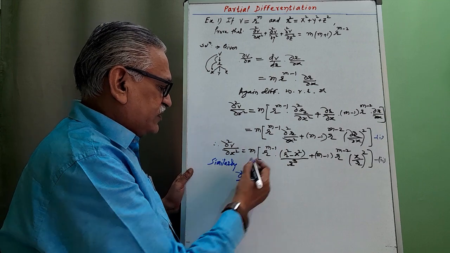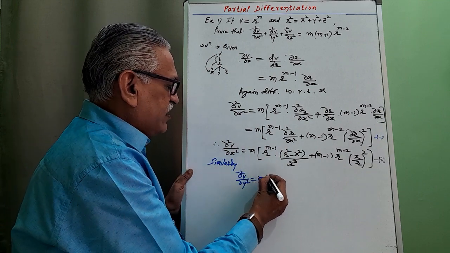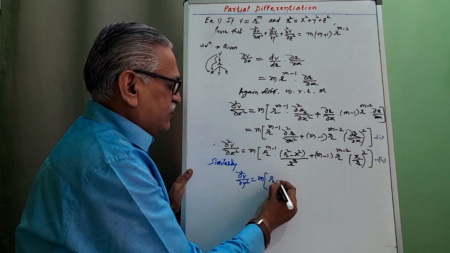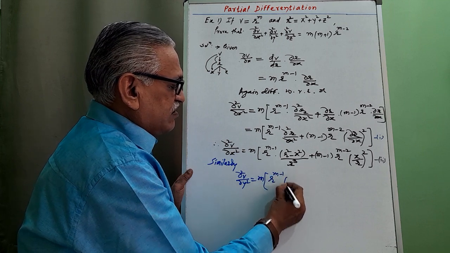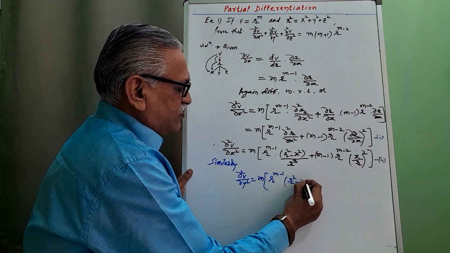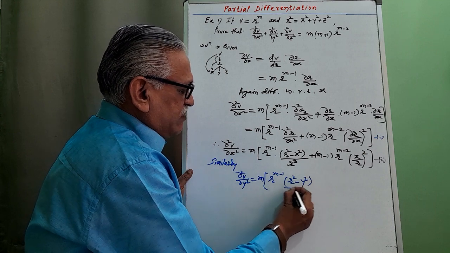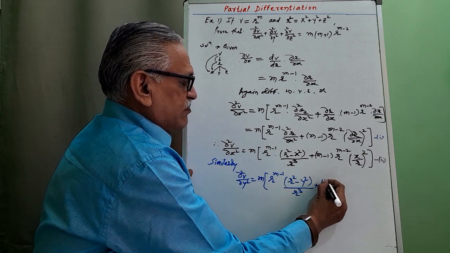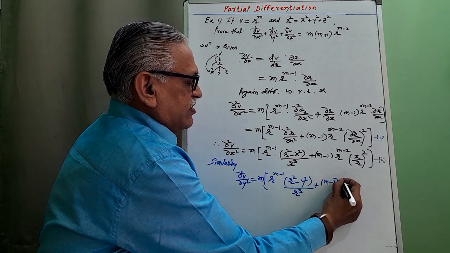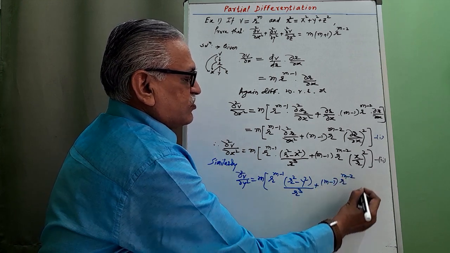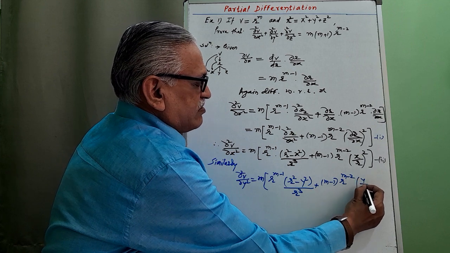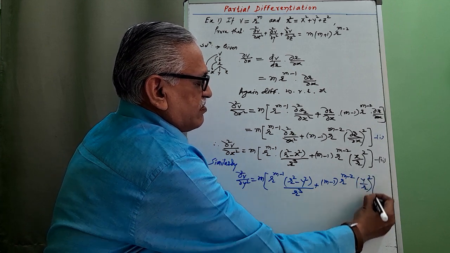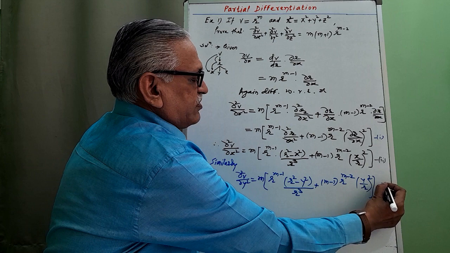Therefore, when we differentiate with respect to y, we get the term of y. Therefore, it is m into r raised to m minus 1 r square minus y square divided by r cube plus m minus 1 r raised to m minus 2 y by r whole square. We call this equation 3.